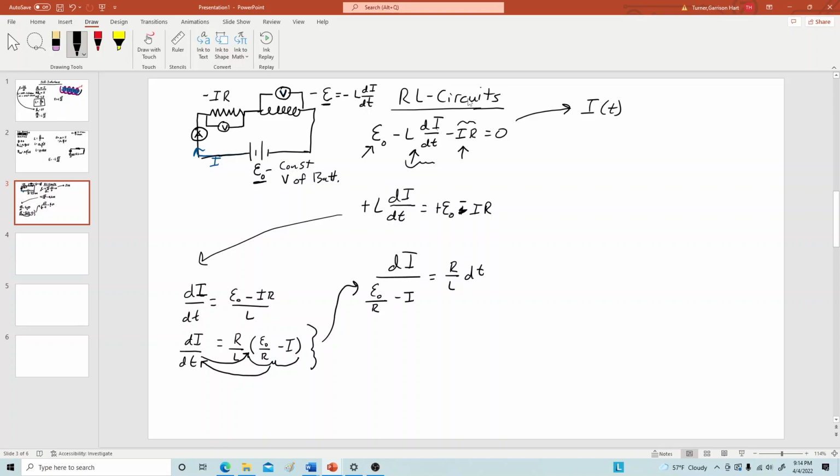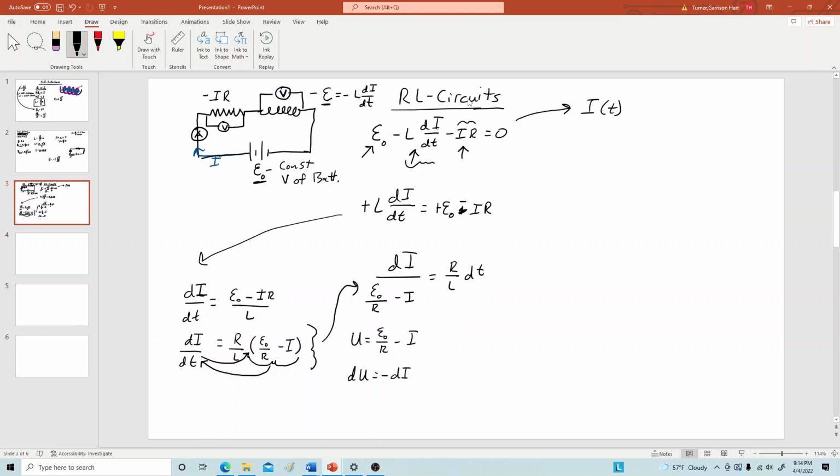And now I can do a u substitution. So let u equal epsilon naught over R minus I, and then du, this term is constant so the derivative is 0, so it would just be negative di.